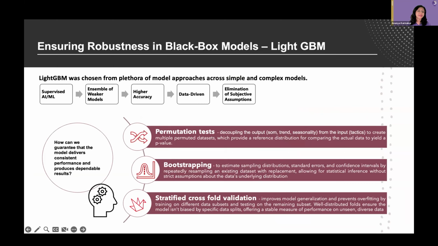It involves creating many weaker predicting models, decision trees, to form a stronger, more accurate model. Then it has higher accuracy, because LightGBM provides stronger and more accurate predictions compared to linear regression. It's significantly more data driven, as it requires fewer assumptions over time. And also, like I said, elimination of subjective assumptions makes it more objective.